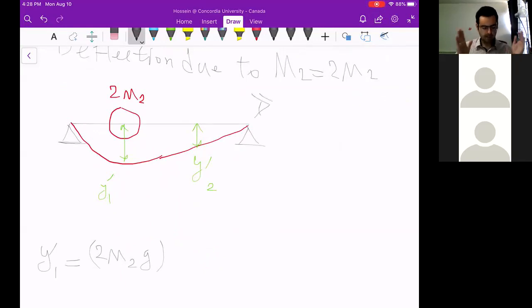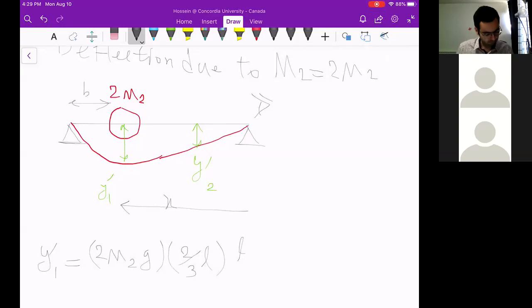This is x, 2/3 L is the x, and B is the distance from the load point to the other constraint. This is B for this case, right?